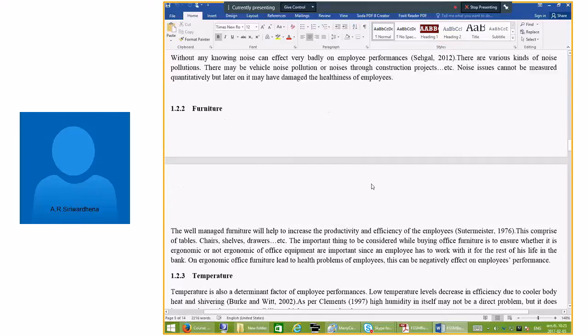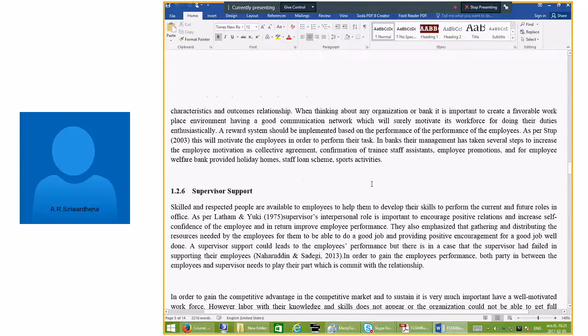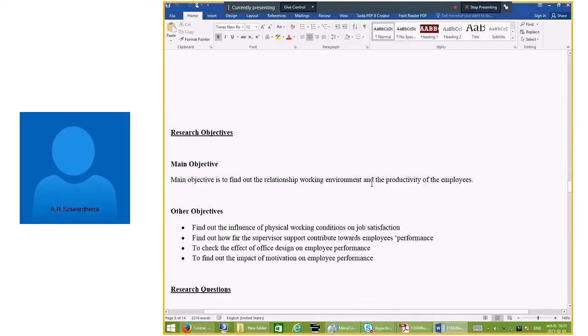My other objectives would be to find out the influence of physical working conditions on job satisfaction, find out how far supervisor support contributes towards employee performance, to check the effect of office design on employee performance, and find out the impact of motivation on employee performance.